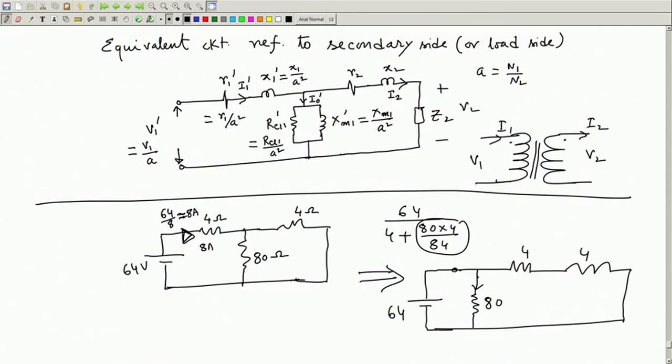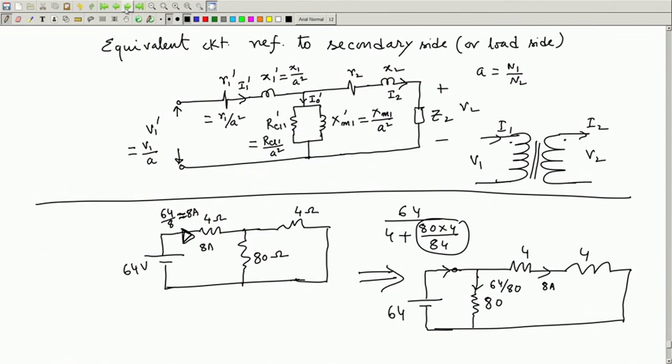But what I am telling you, do not neglect too much, but get a tremendous computational advantage. Why? Because this current I can easily calculate, 64 by 88, and this current, whatever it is, 64 by 80. These two can be added, the series parallel business goes, and still you will be very close to the correct value. They will not be exact, I agree with that.